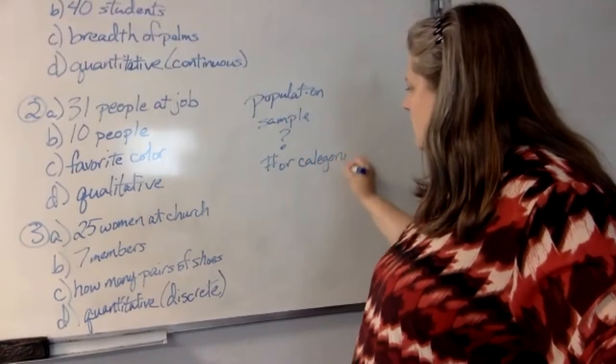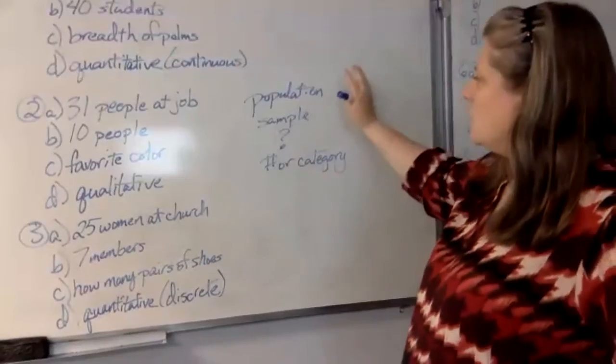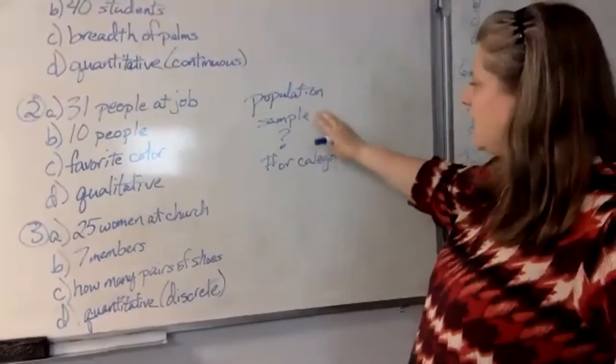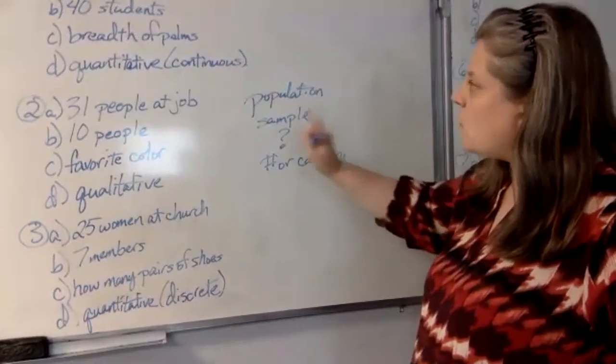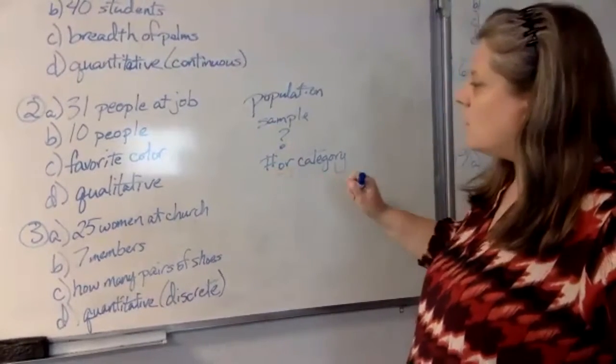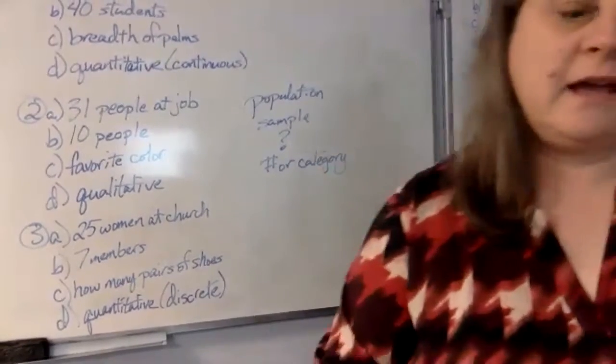Okay, that's what we were doing. First, you look at the whole group, then you look at the part you're looking at, what you're asking them, then you figure out whether it's quantitative, a number, or qualitative, a category. Okay?